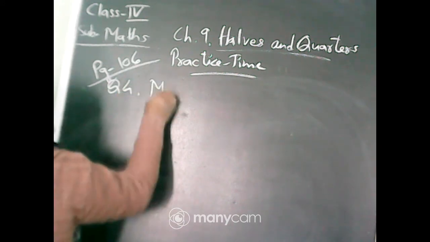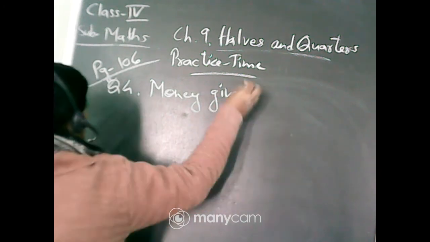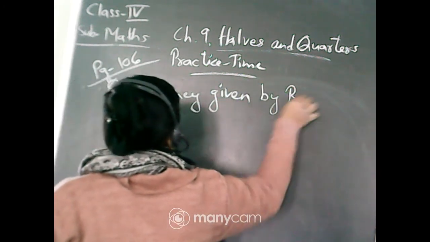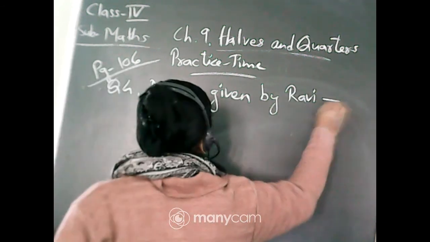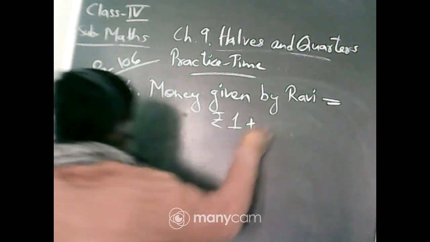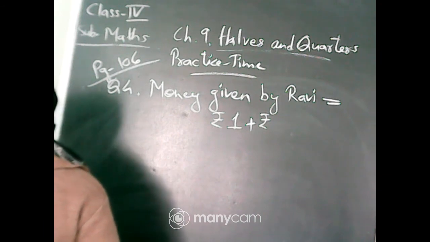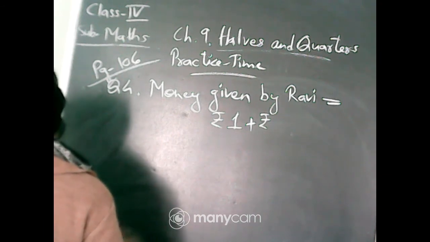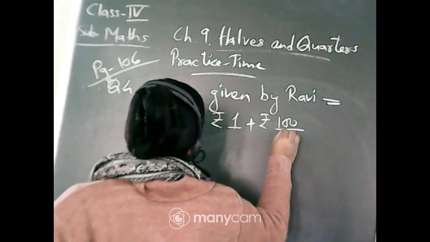So write: money given by Ravi is equal to, he has given 1 rupee coin, then 1 half rupee coin. That means 100 divided by 2.